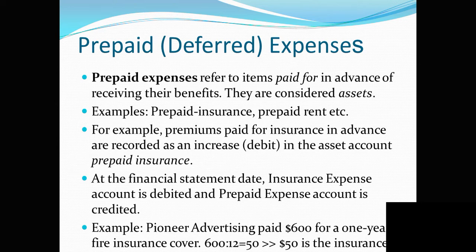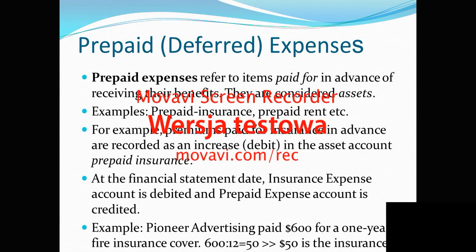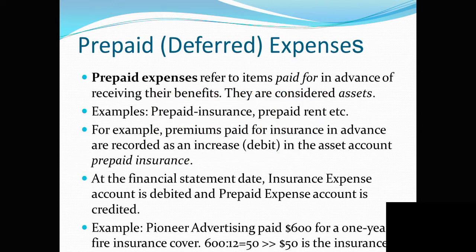Prepaid insurance: when you buy an insurance policy, you pay in advance. Let's say you buy insurance for your car, you pay in advance for half a year or for 1 full year, and that's going to be an asset.